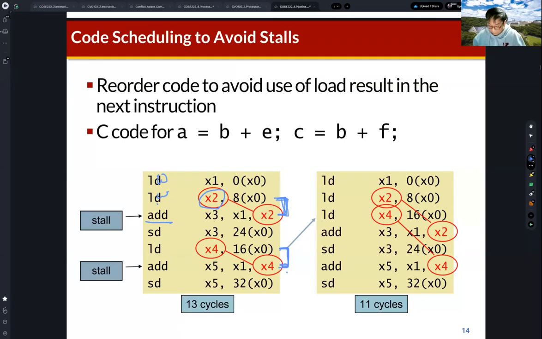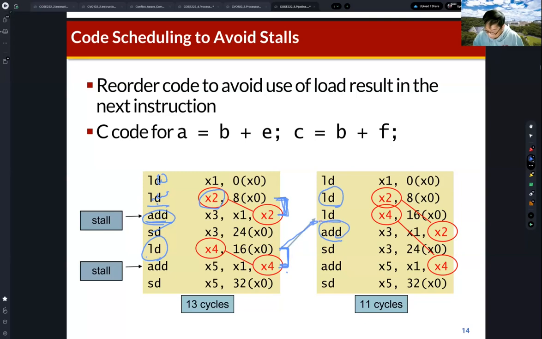But in this case, if we apply the compiler optimization technique, then we can just adjust the order of instructions, so we can insert some independent instructions between this load and add instruction pair. So this is the example. We can move this instruction between this load and add instruction pair, right?